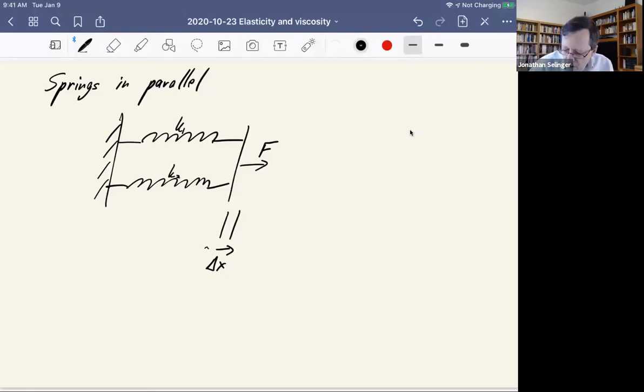Okay. So for the first spring, there's a force F1 equals K1 times delta x. And for the second spring, it's F2 equals K2 times delta x. And the total force F is F1 plus F2.